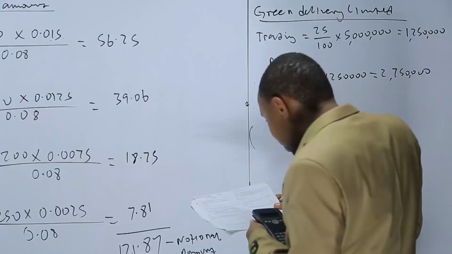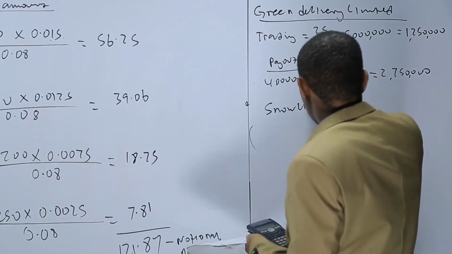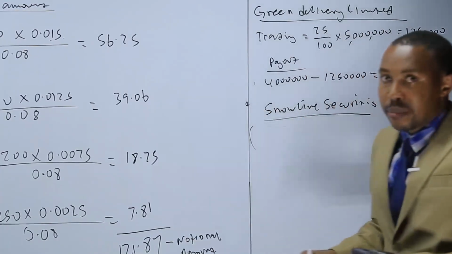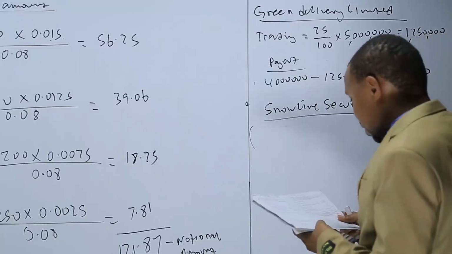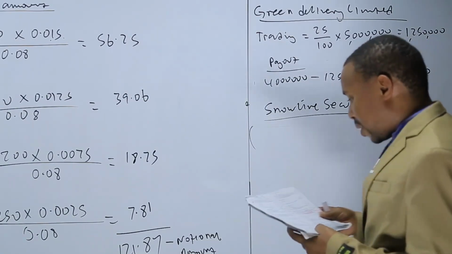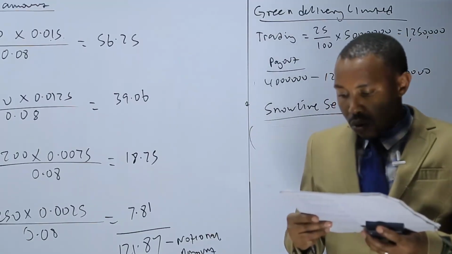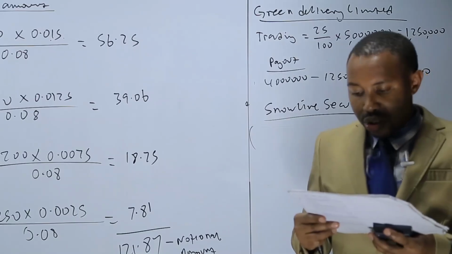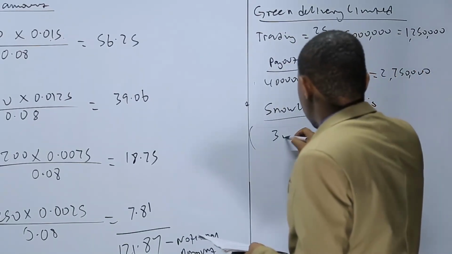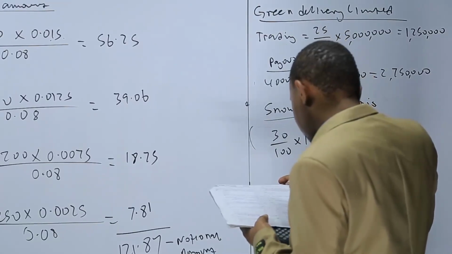For this other company called Snowline Securities, we perform the same steps. However, the figures are different. We can see that Snowline Securities Limited owns 10 million of bond Series Y, also senior unsecured debt, which is trading at 30%. So we need to get 30% multiplied by 10 million.